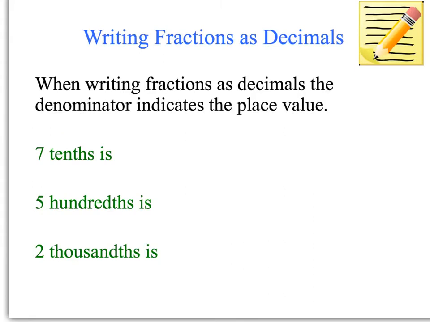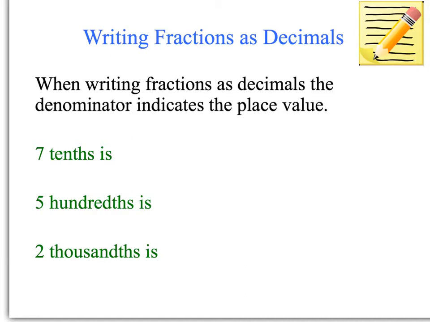Now, when we are writing fractions as decimals, I just showed you a little bit about decimals as fractions. Now this is writing fractions as decimals. We need to look at the denominator, the bottom number in the fraction, that indicates the place value.